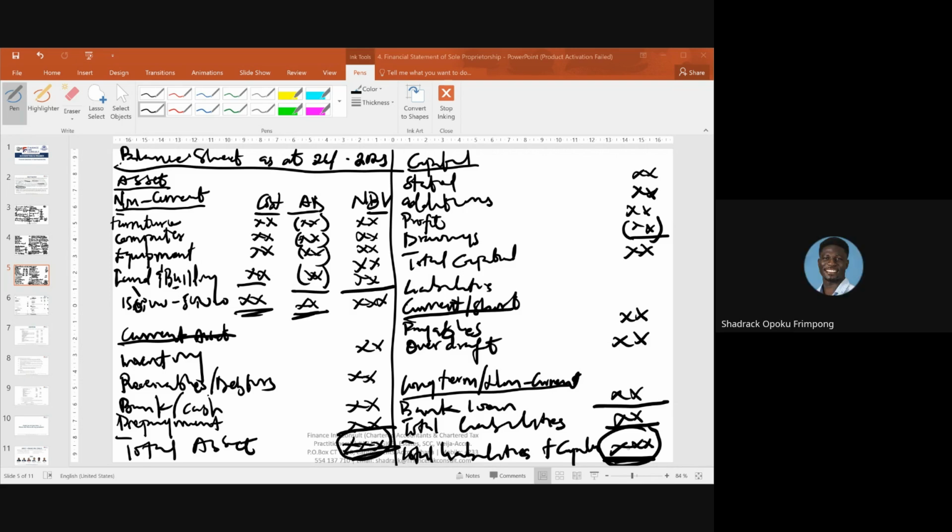It's still going to be the same. You roll it over to the next financial year. So we said that the balance sheet shows assets at a particular day and time, so assets as at 24th October 2025.